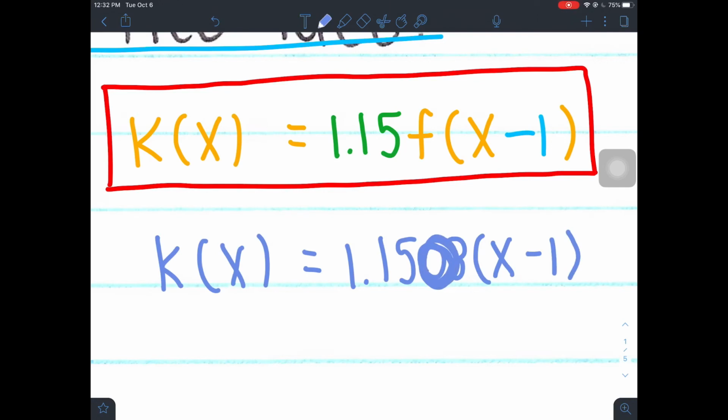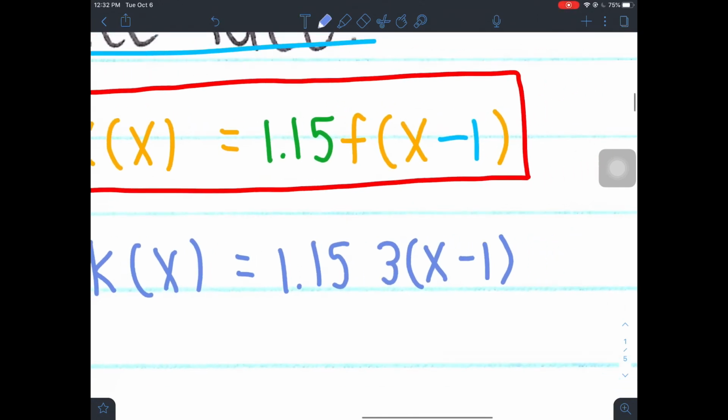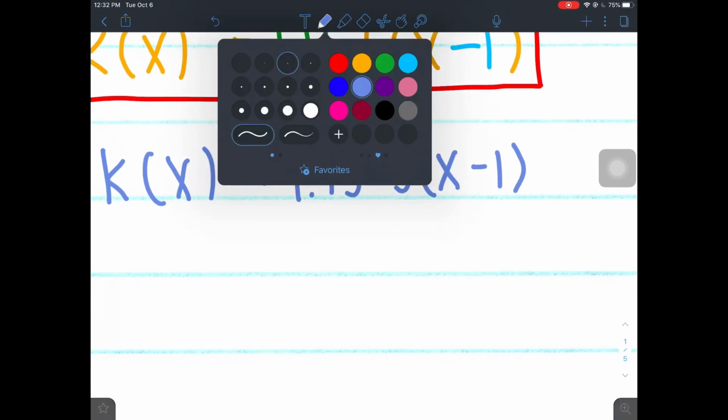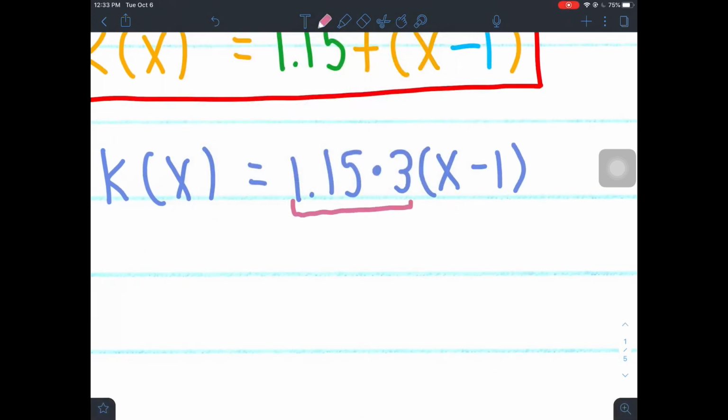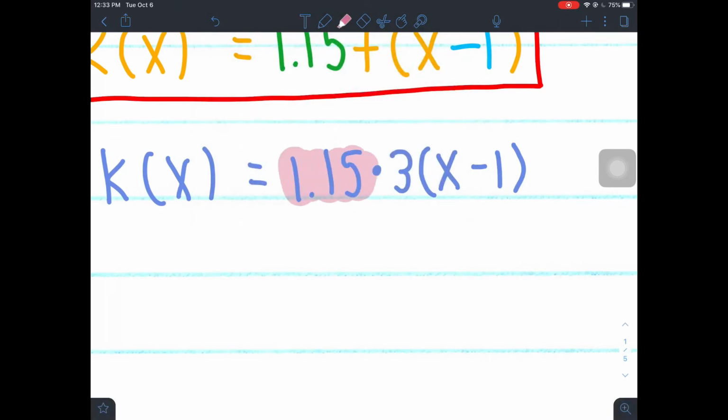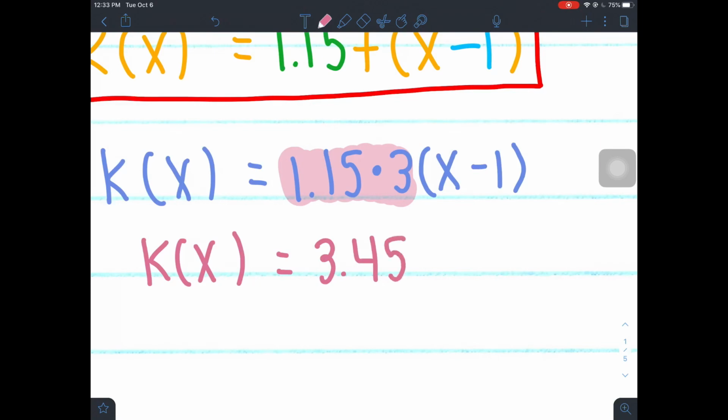Now what operation is happening between the 1.15 and the 3? It's multiplication, so you want to be super careful about that. Now you want to multiply that part first. So you want to do 1.15 times 3 first. So let me highlight that, 1.15 times 3. So we have k of x equals 1.15 times 3 is going to give us 3.45, and then parentheses x minus 1.